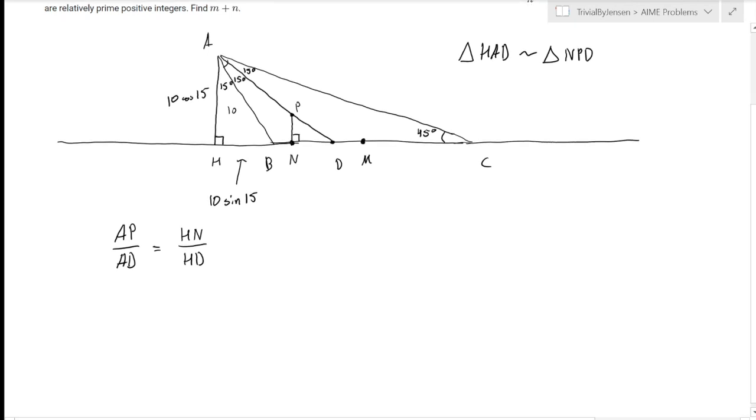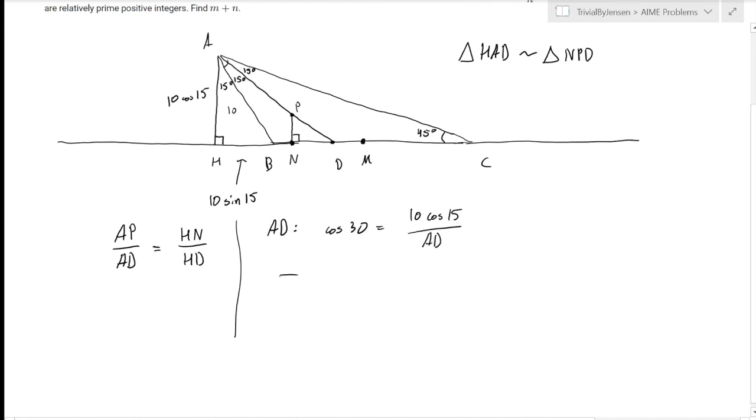First we can try to find AD. That shouldn't be too hard because we know this angle is 30, we know this height, so we can write cosine of 30 is adjacent over hypotenuse.